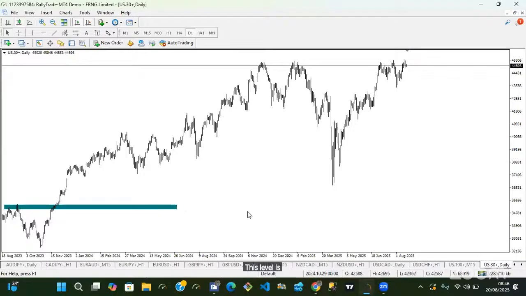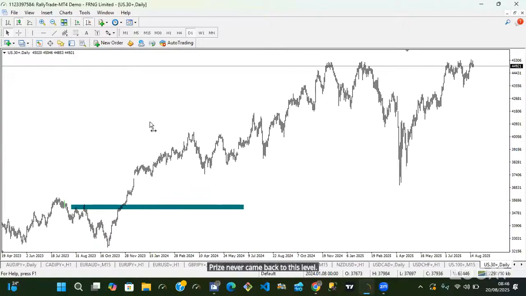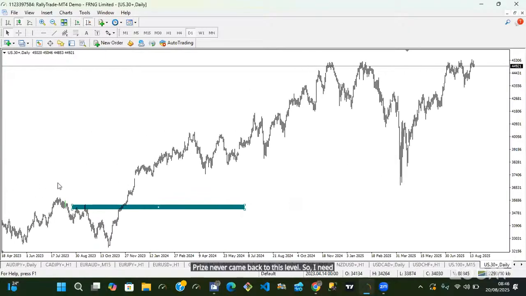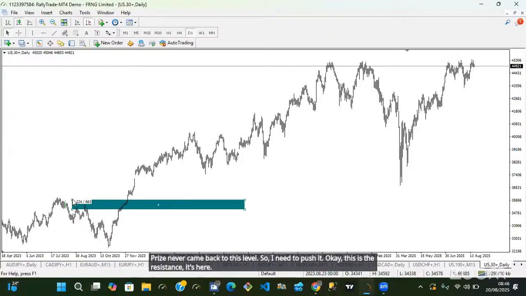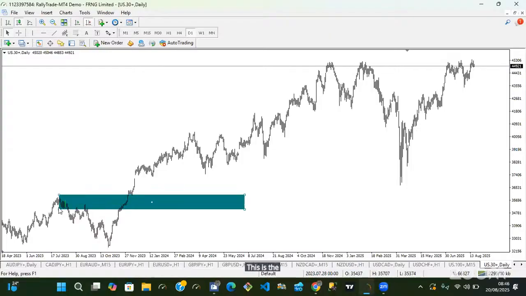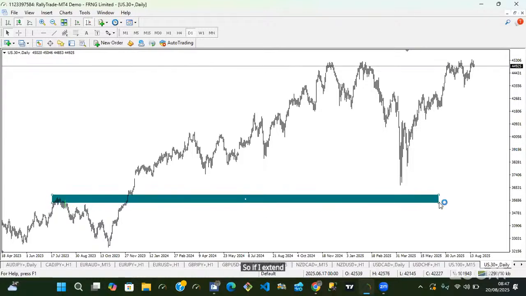Price never came back to this level. Okay, this is the resistance here. This is the high. If I extend it to the future, price almost came here.